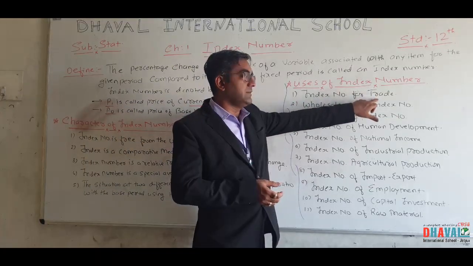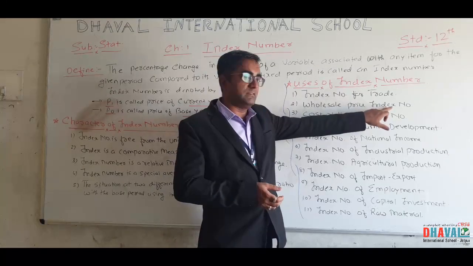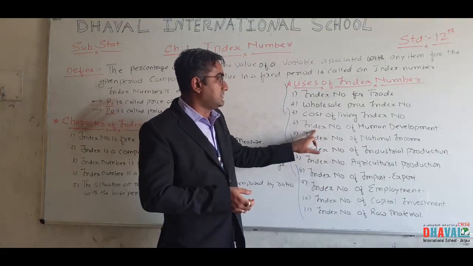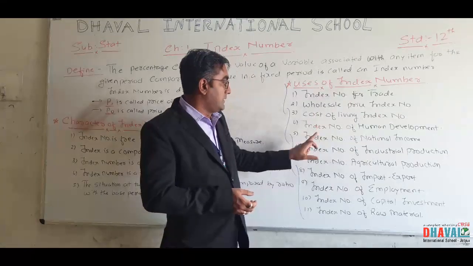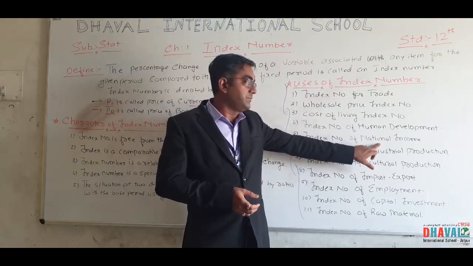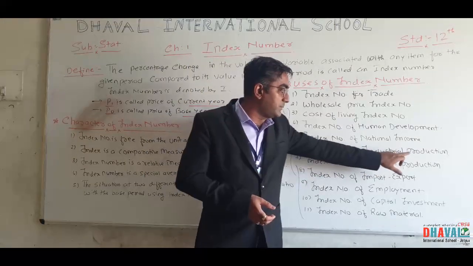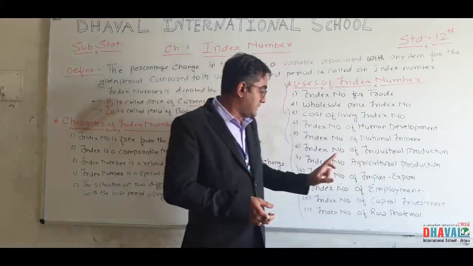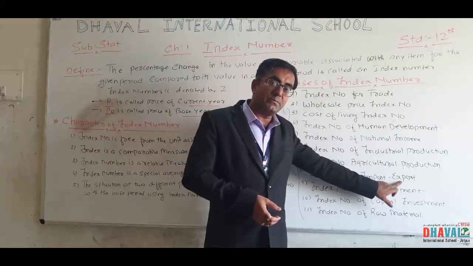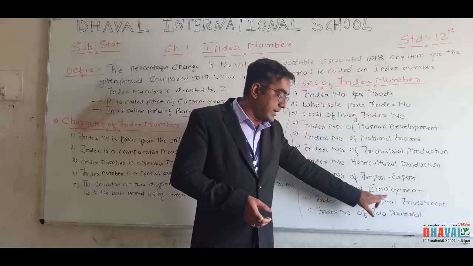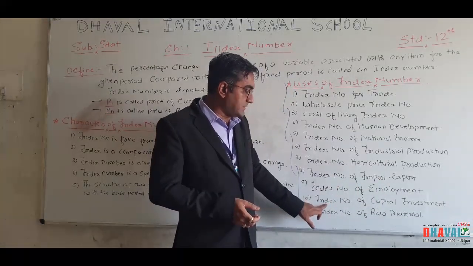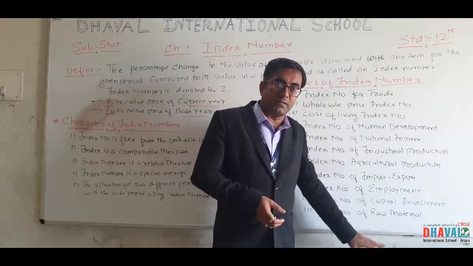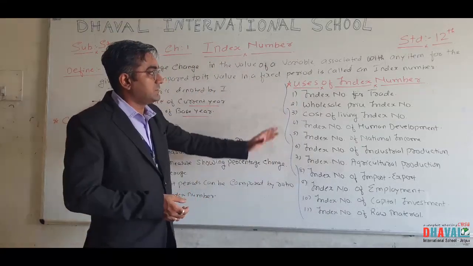Index number for trade, wholesale price index number, cost of living index number, index number of human development, index number of national income, index number of industrial production, index number of agricultural production, index number of import export, index number of employment, index number of capital investment, and index number of raw material. These are the main 11 uses of index number.